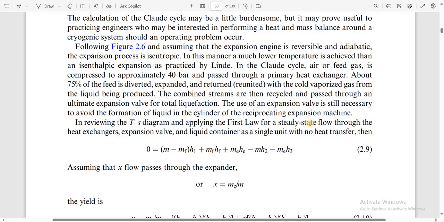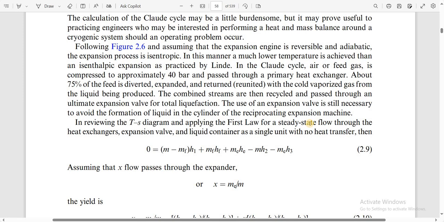In this manner, a much lower temperature is achieved than with an isenthalpic expansion as practiced by Linde. In the Claude cycle, air as feed gas is compressed to approximately 40 bar and passed through a primary heat exchanger.